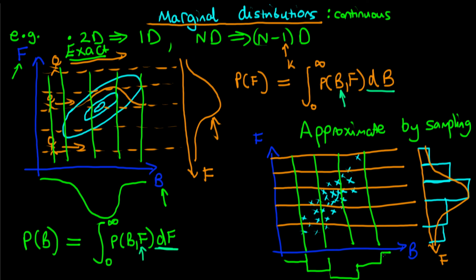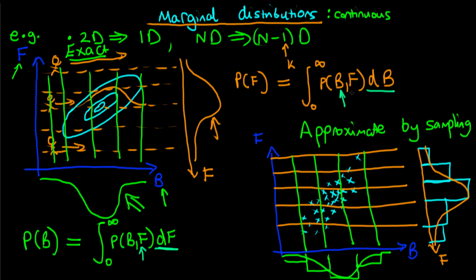In this case we obtain a histogram which, again, is not a very good approximation, but the idea is that if we captured enough samples from this joint distribution, this should start to be a good approximation to the true distribution which I've shown over here on the left.